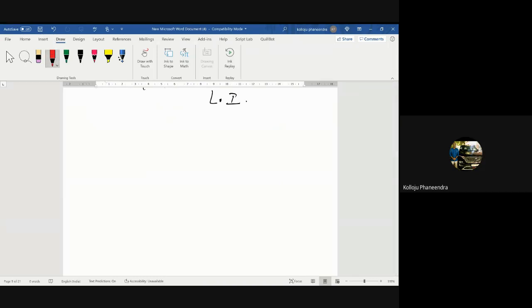Any doubts? Okay, let's take some assignment problems in linearly independent and dependent. Check for linearly independent or linearly dependent.